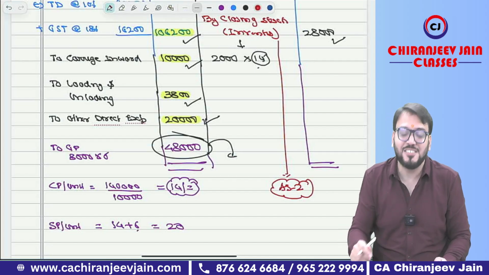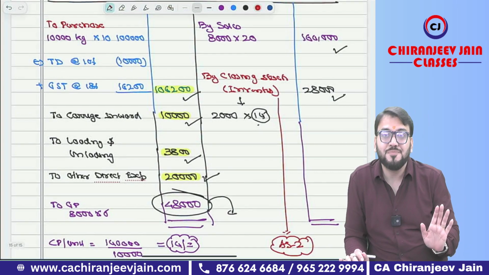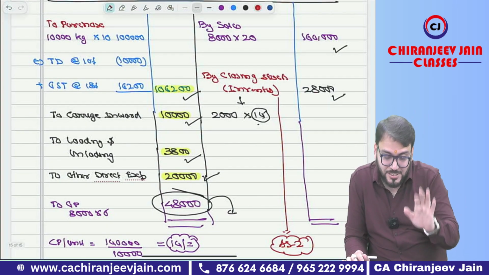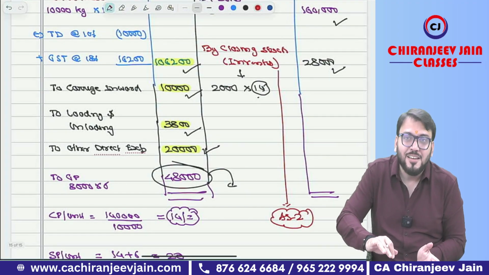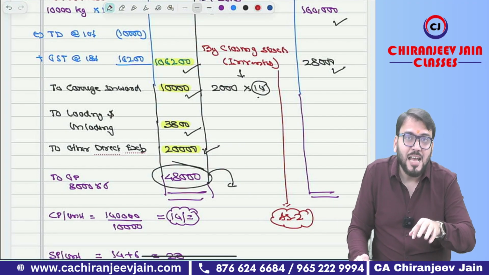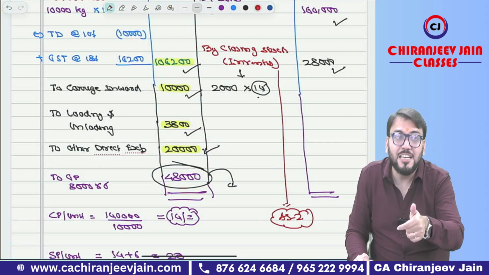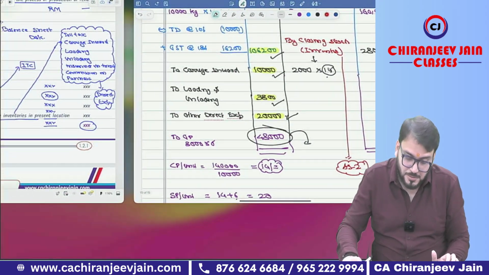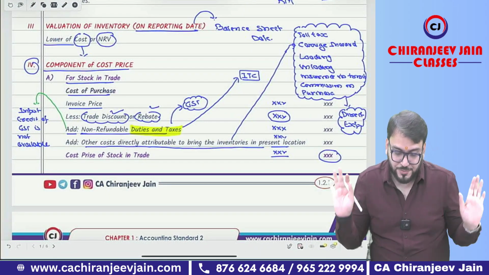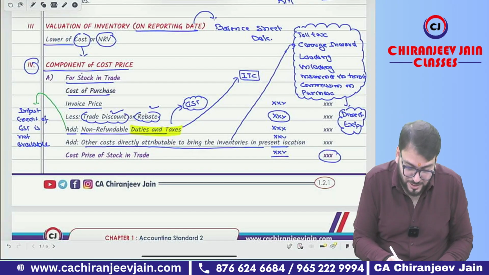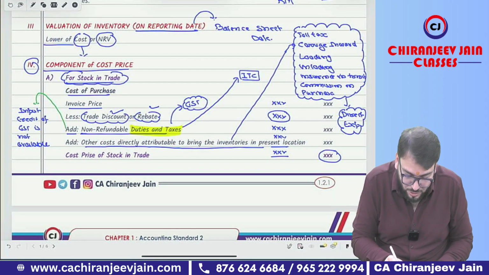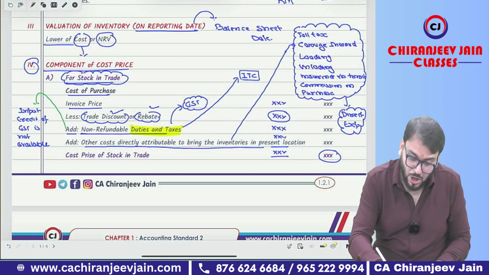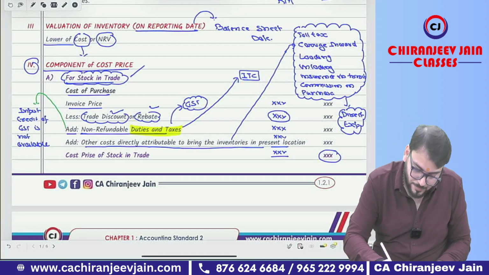I'm teaching you the CA Foundation concept so that you can link what you did in CA Foundation with what you are supposed to do in CA Inter. Now, I think you have understood this for stock in trade, that is, for a non-manufacturing organization.